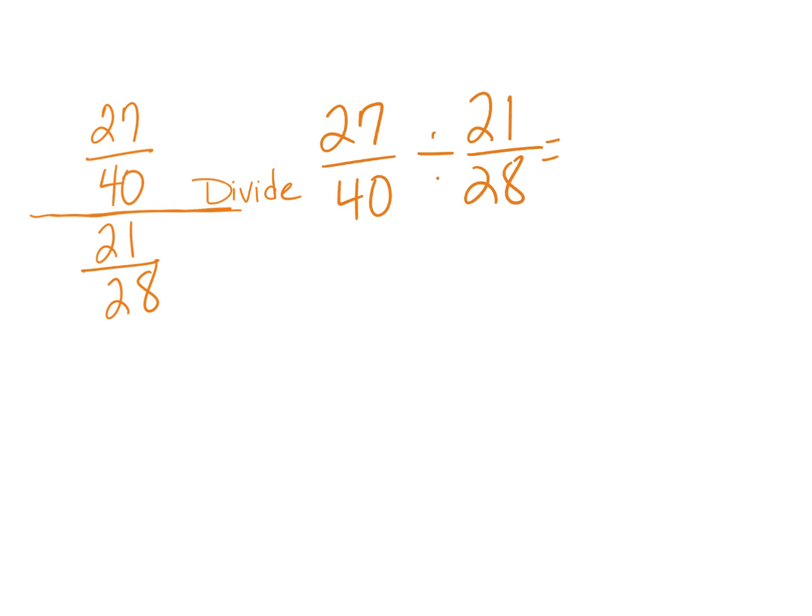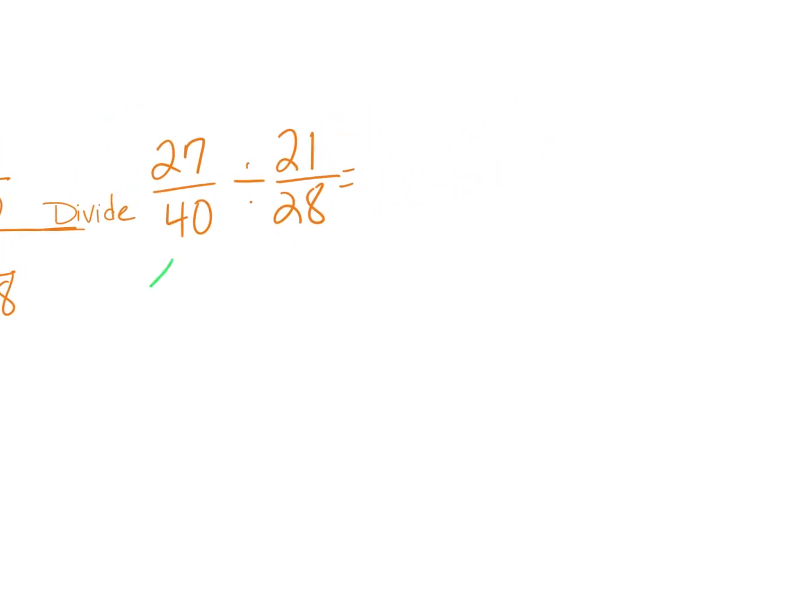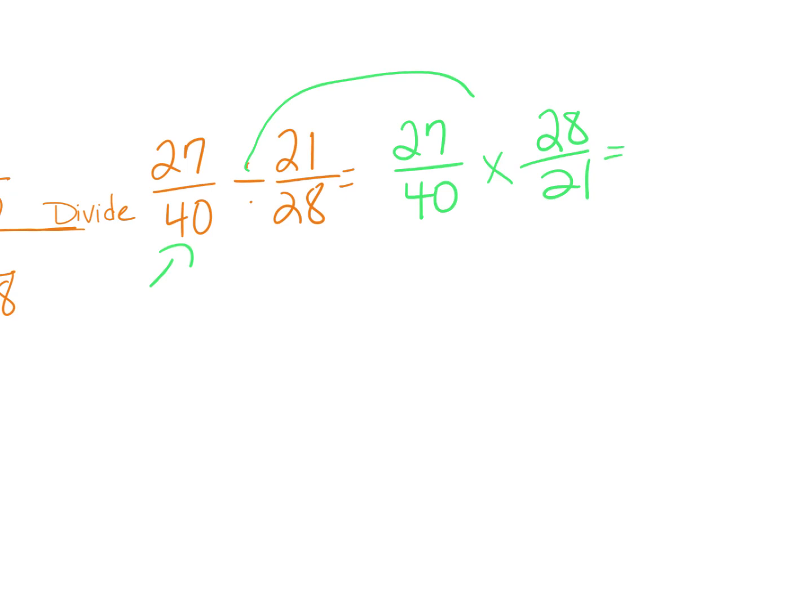Okay, let's do our keep flip and change here, okay? All right, so we're going to keep our first fraction, 27 over 40. We're going to flip our second fraction, and we are going to change to multiplication, okay? Now, you're going to see if you have any factors the same so that you can cancel out.